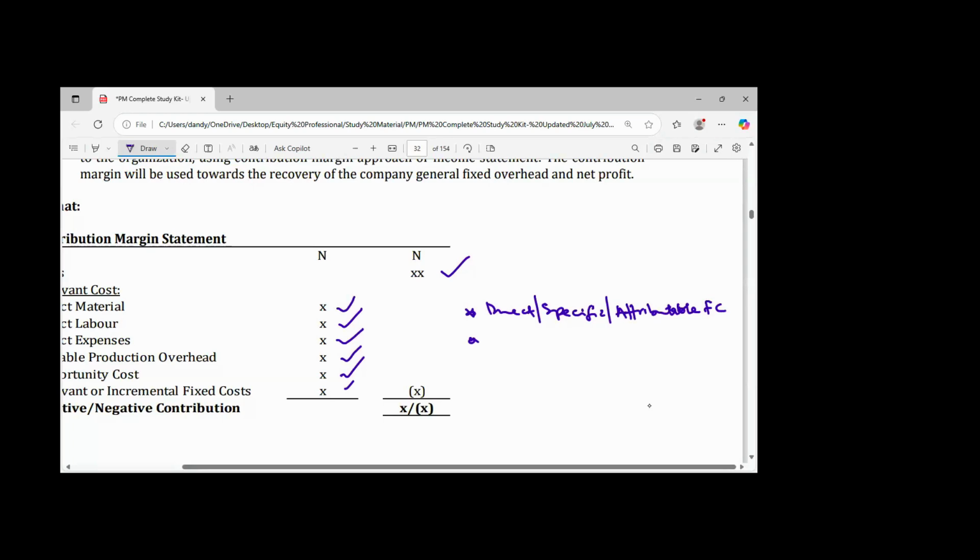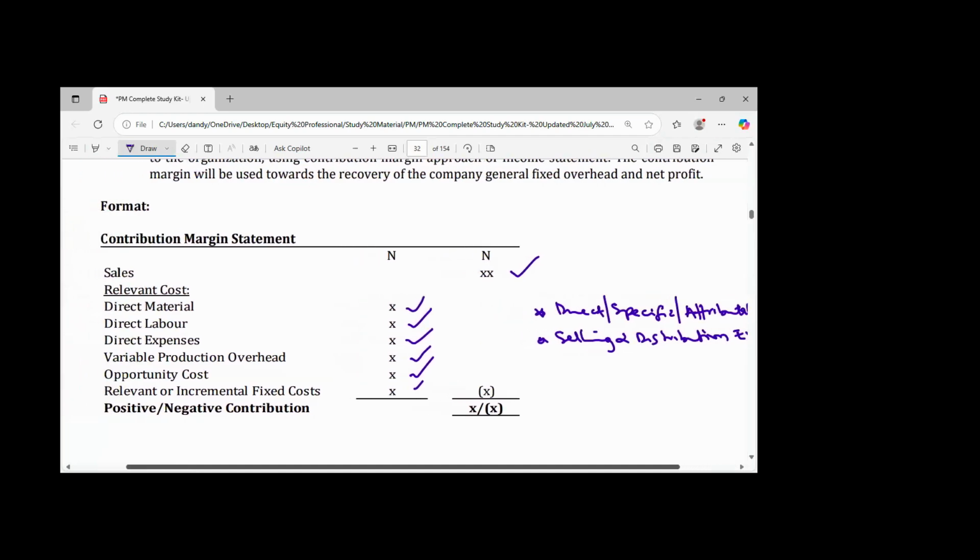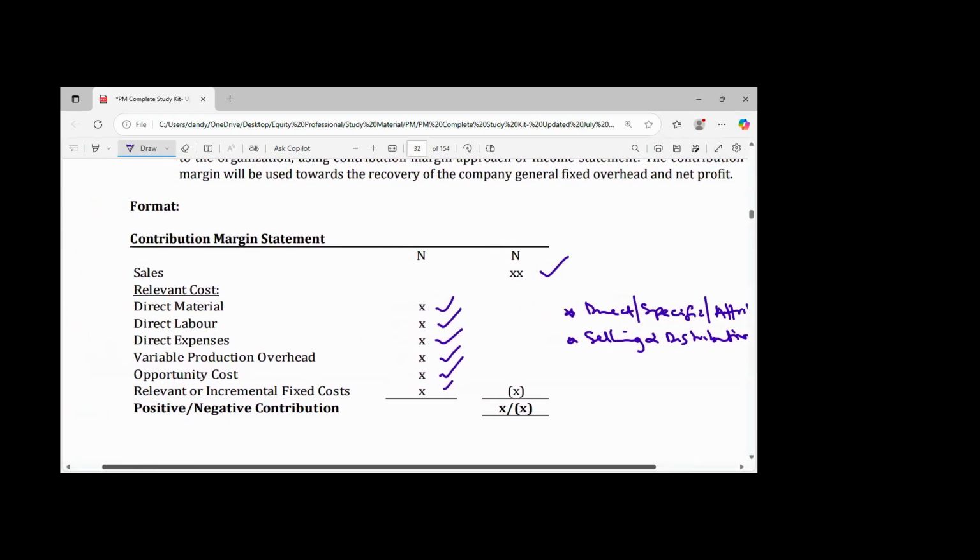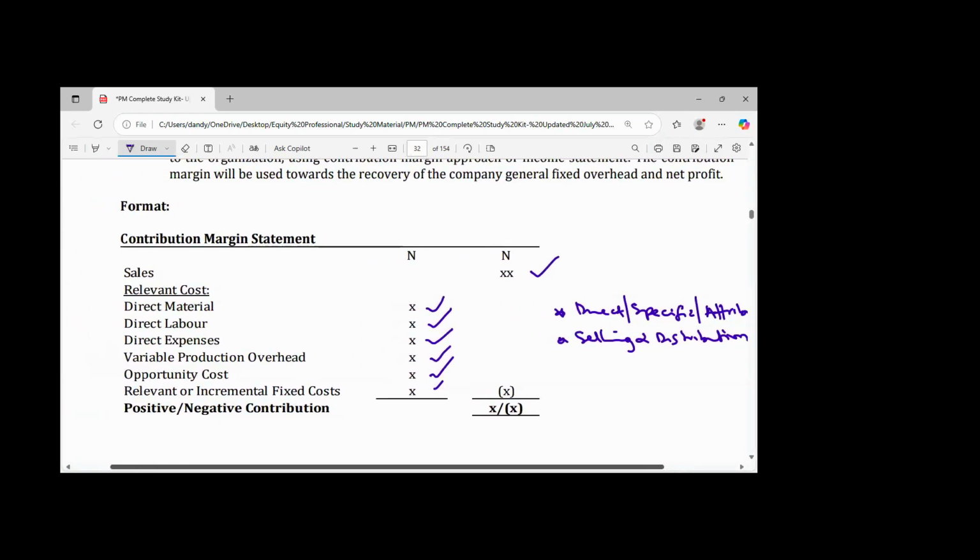So I will then come here, selling and distribution expenses. So these are relevant cash flows that you need to take into consideration. Of course, it's not compulsory that the examiner will give you all of them on the day of your exam in a question. So whichever one you have is the one you are going to consider.